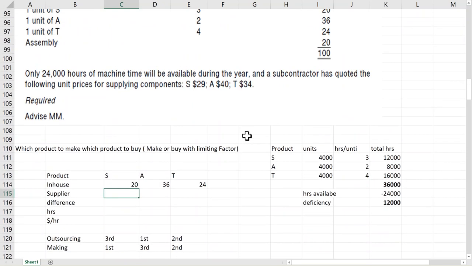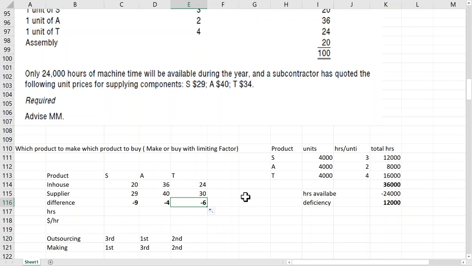And then the supplier has offered 29, 40, and 34. As you can see, all of them are expensive outside. If you look at it, this one is $9 expensive, this one is $4 expensive, and this one is $6 expensive.